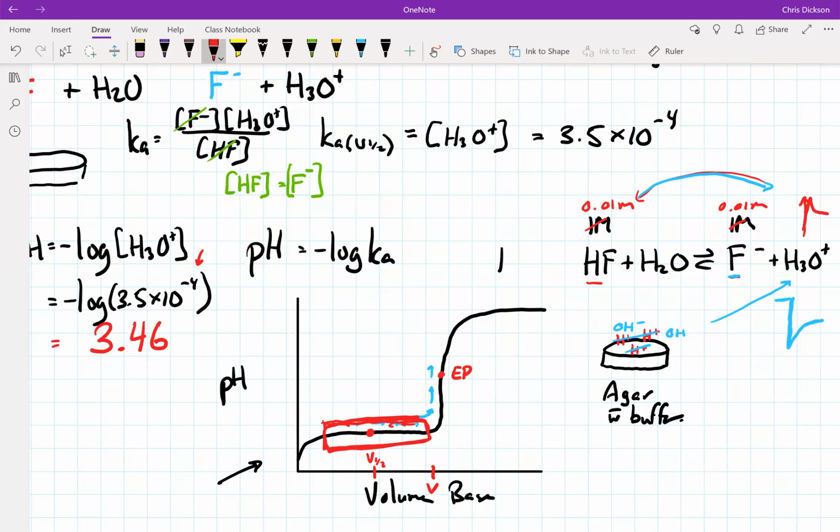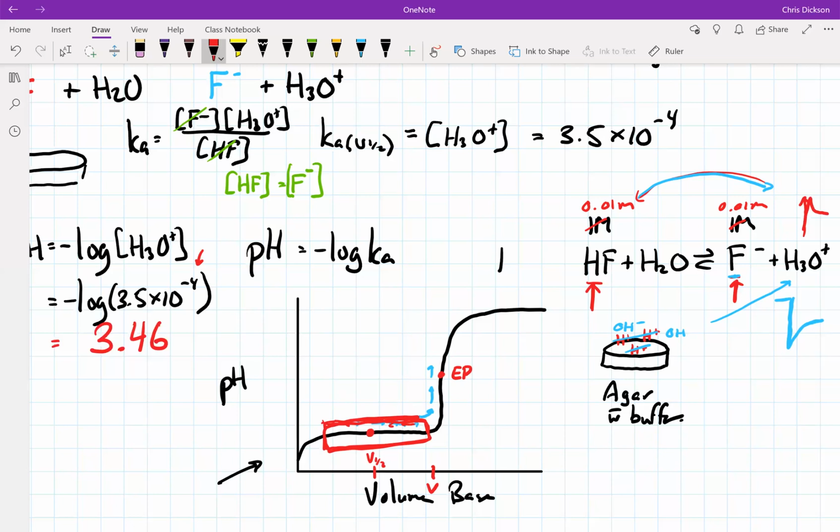So if you're adding an acid to a buffer system, it's the amount of base that controls how well the buffer can handle that change. And if you're adding a base to the buffer, then it would be the amount of acid that controls how well the buffer can resist that change in pH.